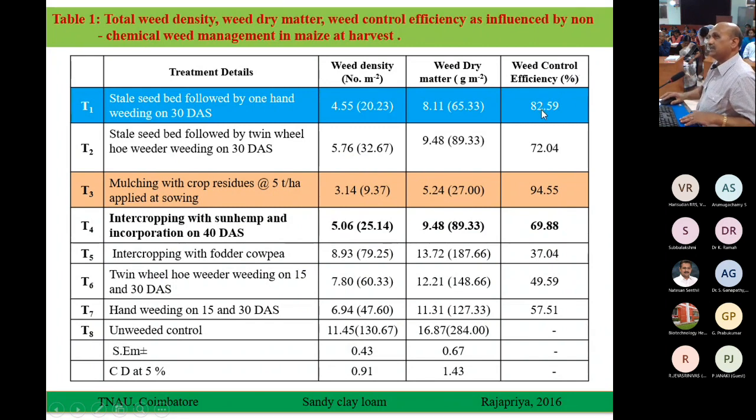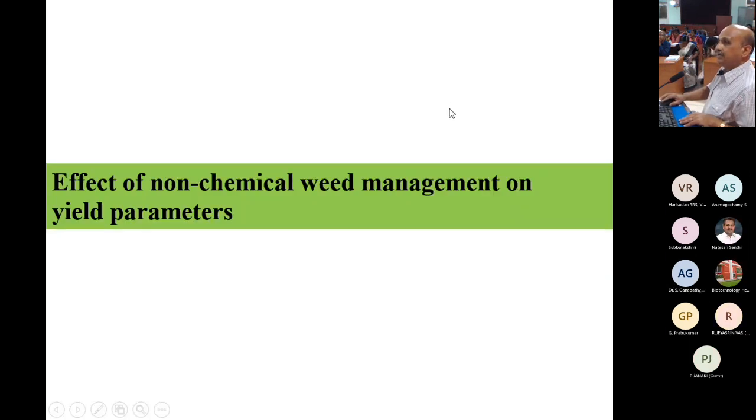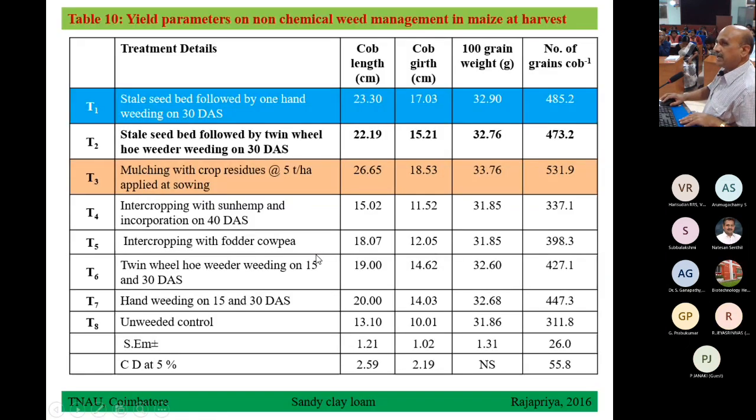So also with solarization, hand weeding is also effective, but the cost involvement is not cost effective. And effect of non-chemical weed management on yield parameters is also noticed. So again the same treatment has given good yield.